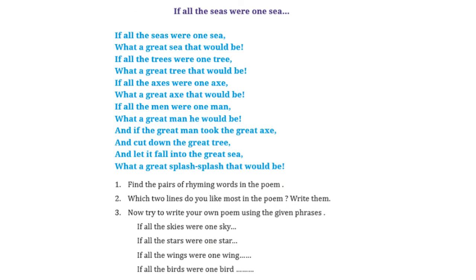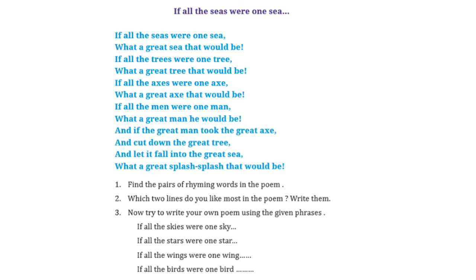Here there is a simple poem. Let's read it first. If all the seas were one sea, what a great sea that would be. If all the trees were one tree, what a great tree that would be.